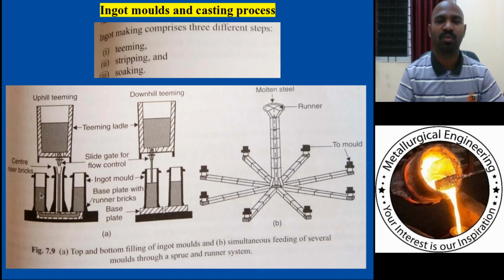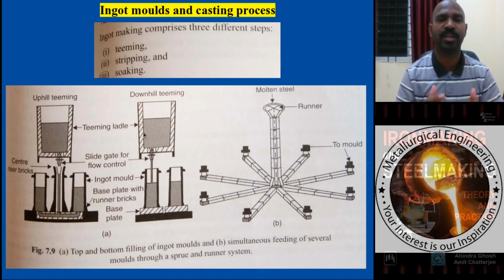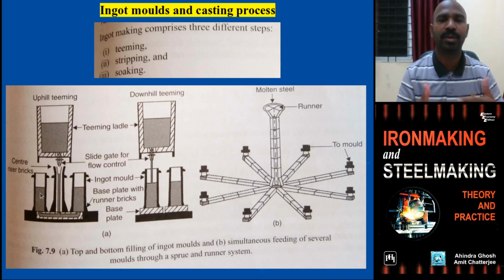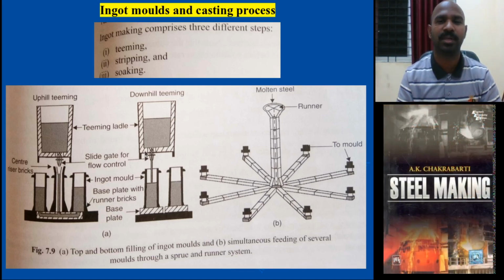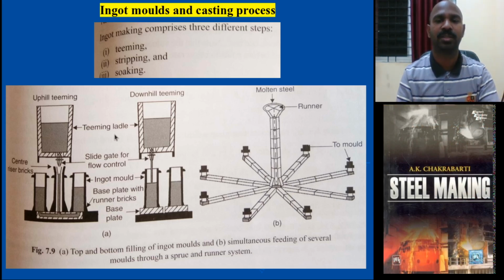This is called the direct filling method. This is the indirect filling method. There are many differences. One may ask what is the difference between the indirect ingot molding process and the direct molding process, top molding process, bottom molding process, uphill process, downhill process. The names are similar. Based on the process you can define.